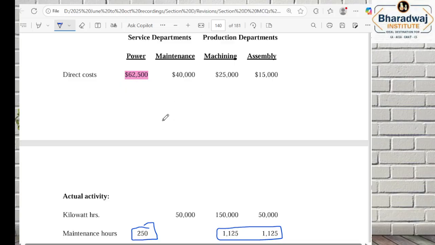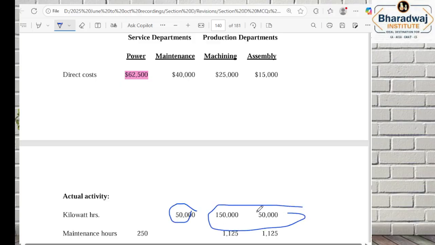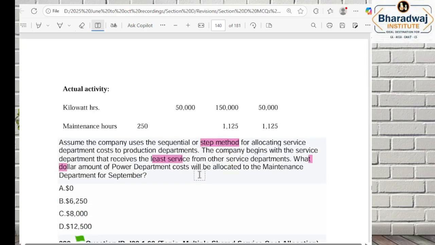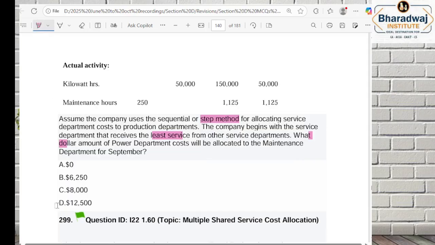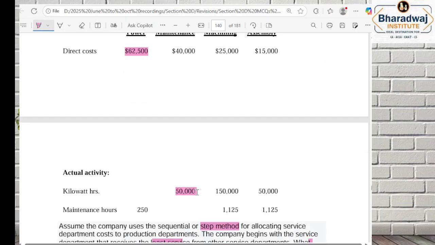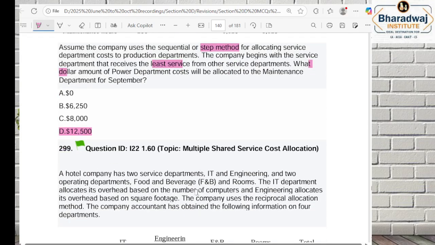No, stop. 50,000 out of total 2,50,000 is 0.20, 20%. Yeah, the answer is correct. 20%, 62,500, yes, 20% will go to this maintenance department, correct.